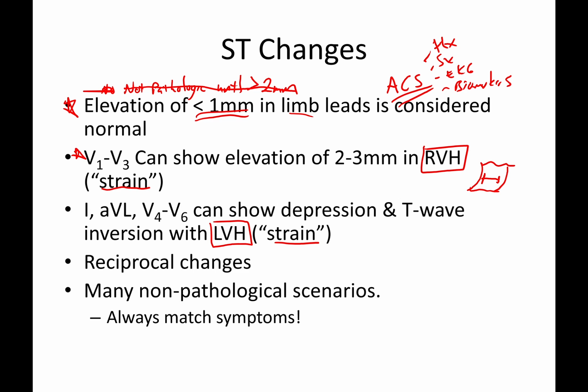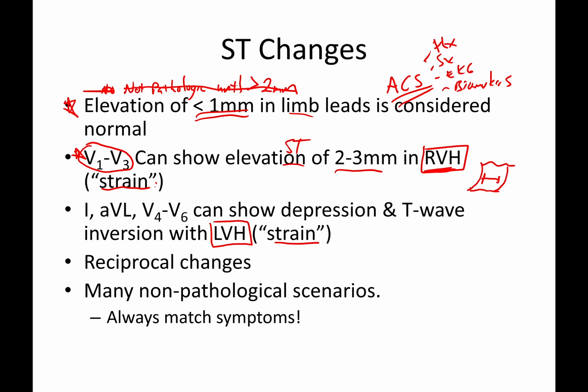The things I want you to take away from this is, one, strain means hypertrophy is what you're looking at there. Two, think about the leads and what they do. It is not surprising that if a patient has right ventricular hypertrophy, that the V1 through V3 can have an ST elevation of 2 to 3 millimeters during activity or during stress.